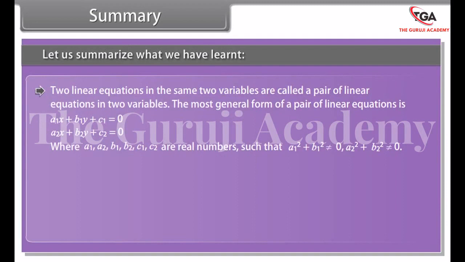After solving these equations, we get a as 2 and b as 3. Therefore, a is equal to 1 upon x, which implies x is equal to 1 upon 2. And b is equal to 1 upon y, which implies y is 1 upon 3. These are the solutions of the given equations.